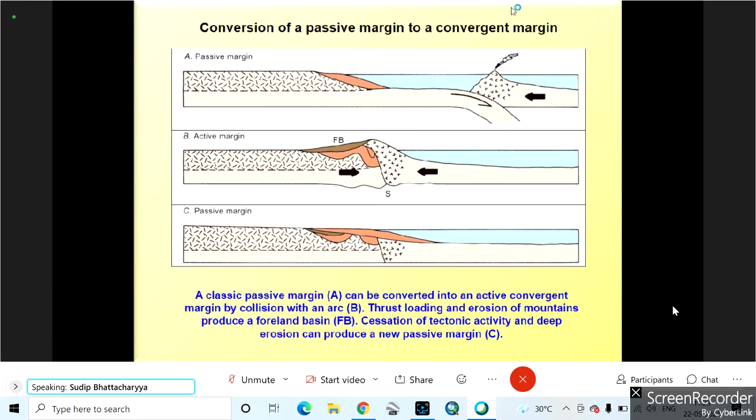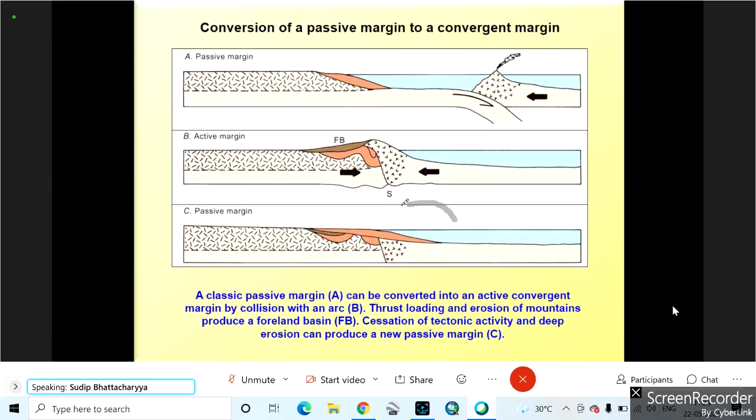We are delineating a part over here. This is the area of the pericratonic part where we are assessing the offshore hydrocarbon potentiality.